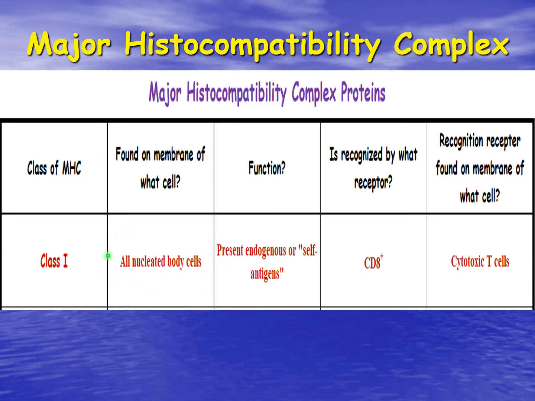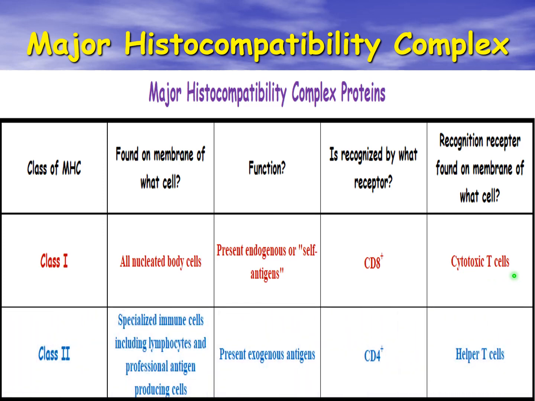This includes every cell in the body except the mature erythrocyte, which has its own markers, if you will, in the ABO and Rh blood groupings. The function of class 1 is to present endogenous or self-antigens. So these are our true self markers found on all our cells. They are recognized by the cluster of differentiation 8 receptor, known as the CD8 plus receptor, and that CD8 receptor is found on the cell membrane of cytotoxic T lymphocytes.